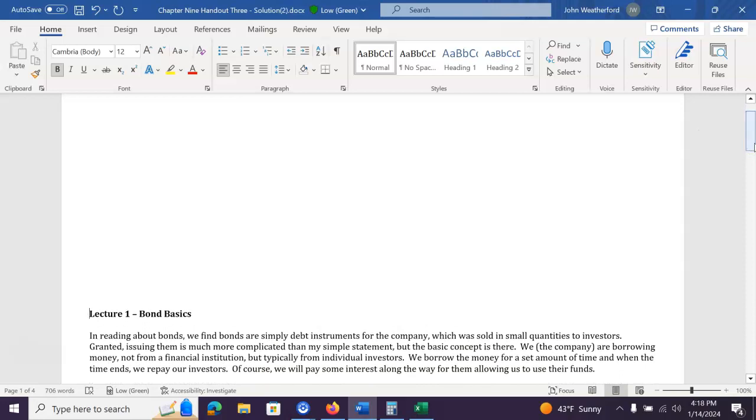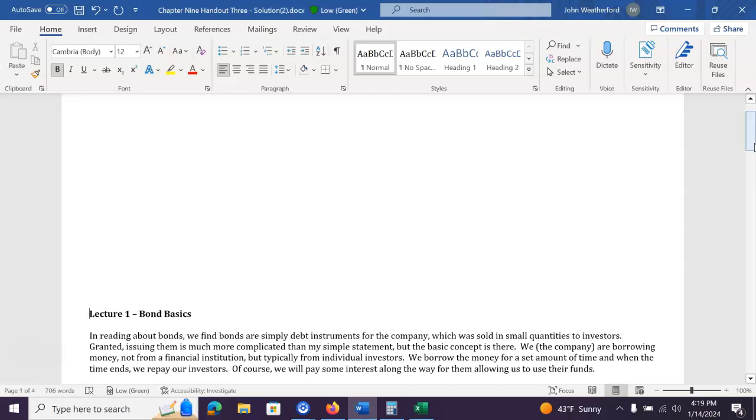Okay, in reading about bonds, we find that bonds are simply, like I said, debt instruments for the company. They're sold in small quantities to investors, usually broken up into $1,000 increments. And granted, issuing them is much more complicated than that statement, but the basic concept is there.